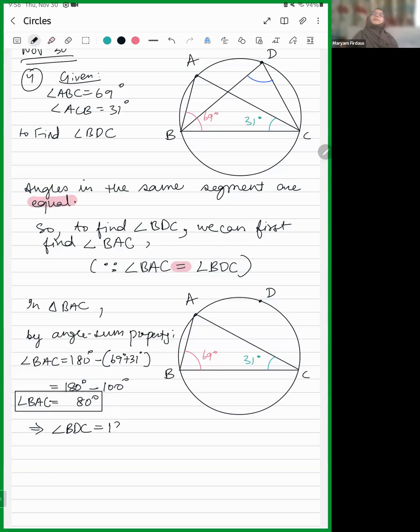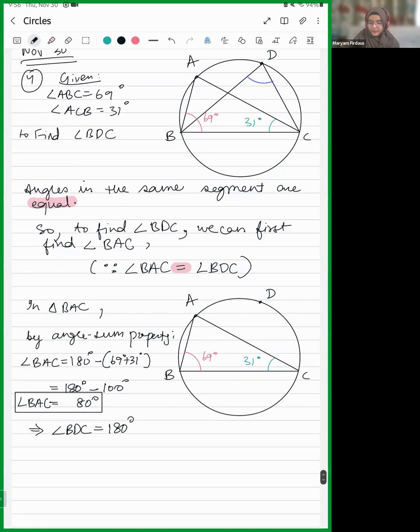So if angle BAC is 80 degrees, angle BDC will also be 80 degrees because of this reason. Angles in the same segment are equal. Okay. Shall we move on to the next one?